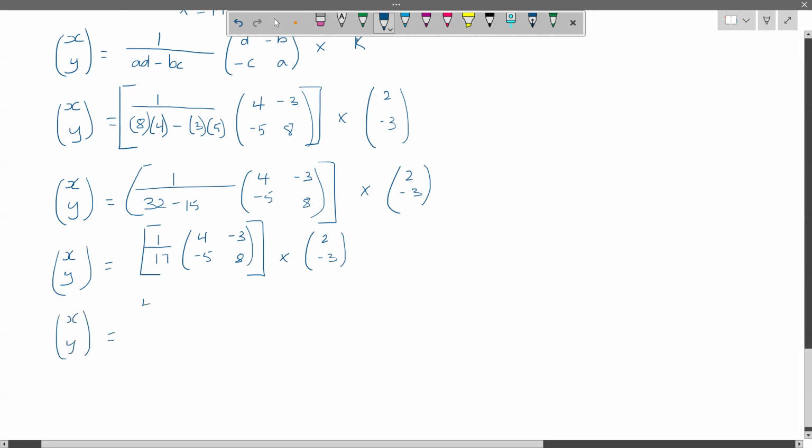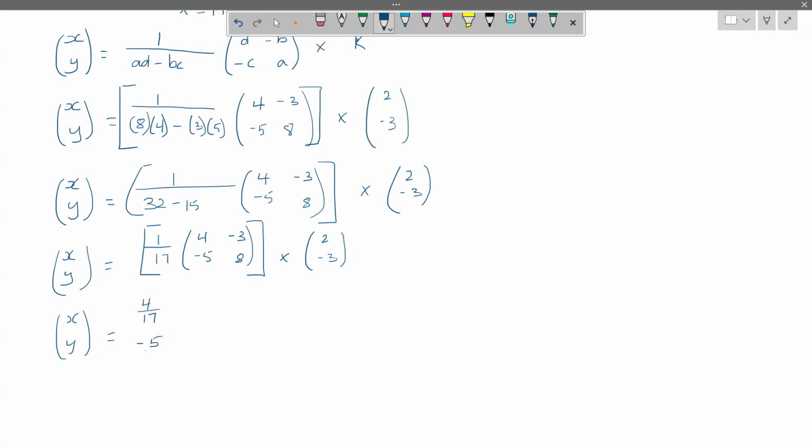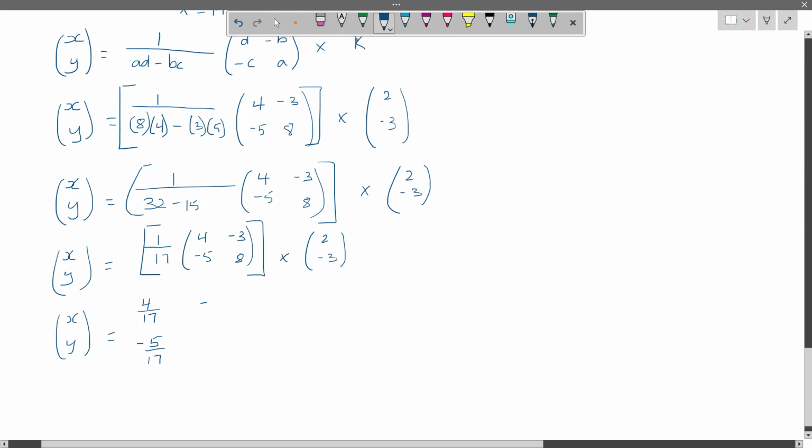Everything in here multiplying by 1 over 17, you get 4 over 17, minus 5 over 17, minus 3 over 17 and 8 over 17. Multiplying this by 2, minus 3.